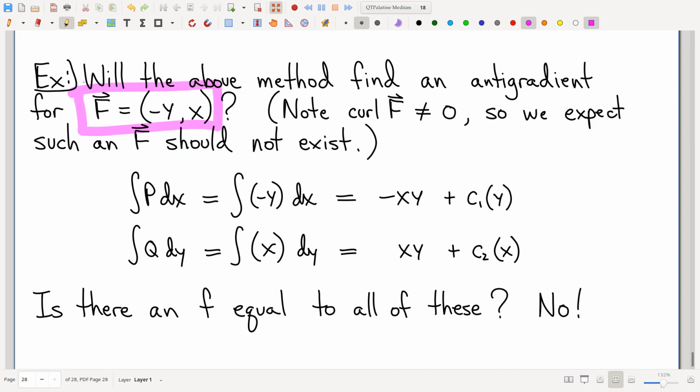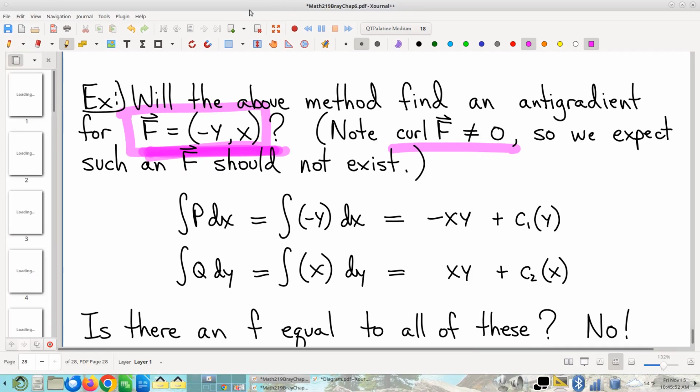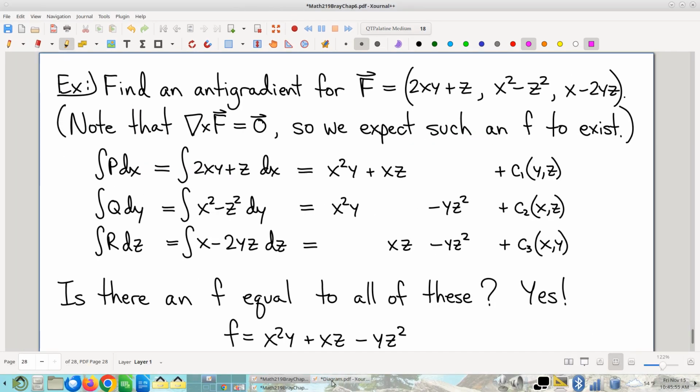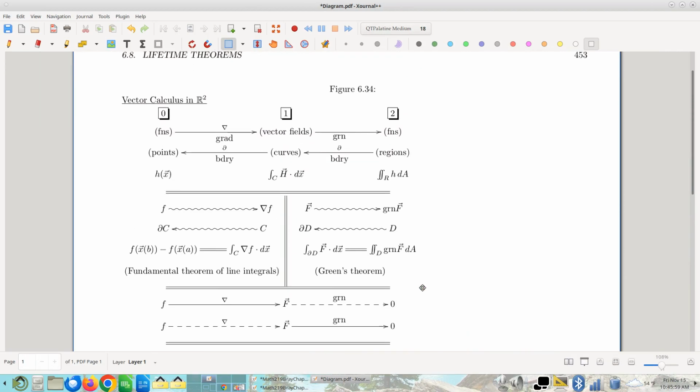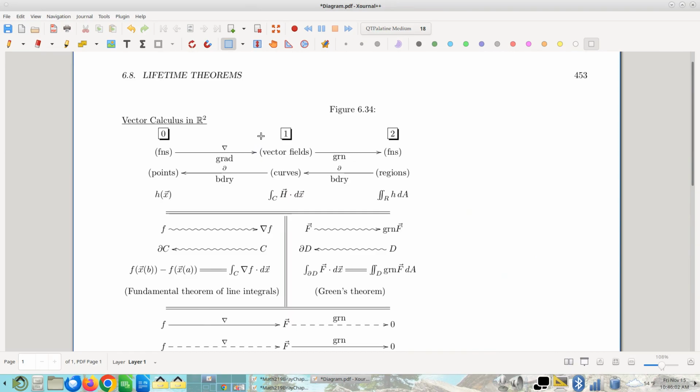How do I know? Well, because I can compute the curl of that vector field. Let me get back over to the diagram, back to 2 dimensions. I was given a vector field here. We can compute the curl, and we don't get 0. And remember, everything has a lifetime of 2, right? So we've got a vector field, you compute the curl, you get not 0.